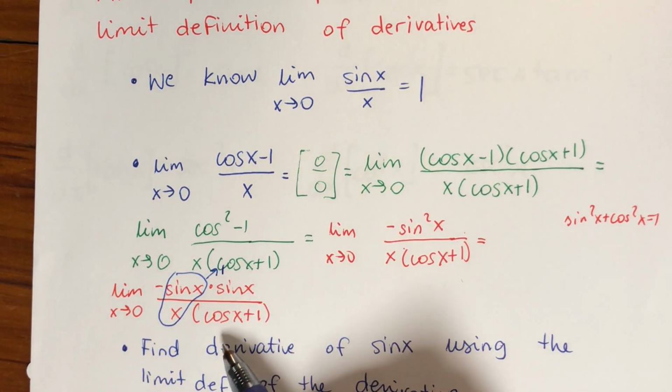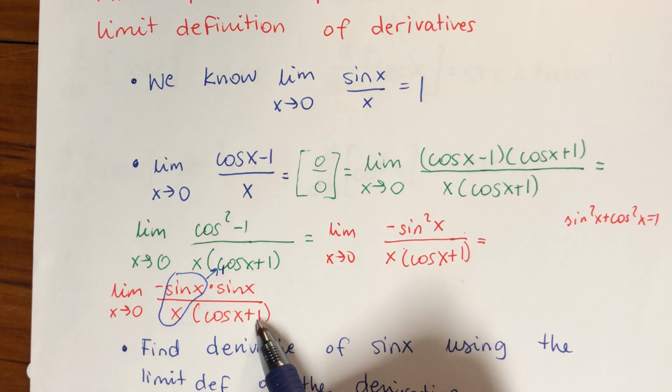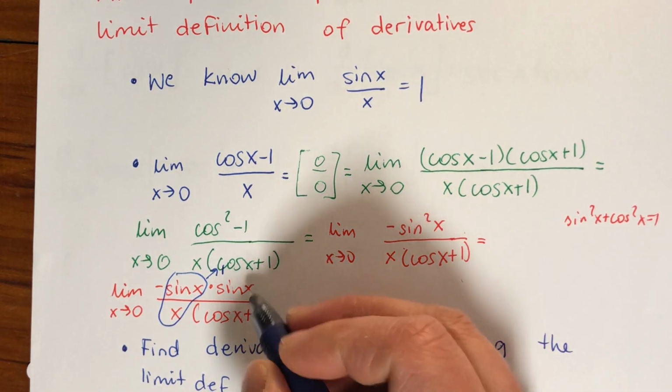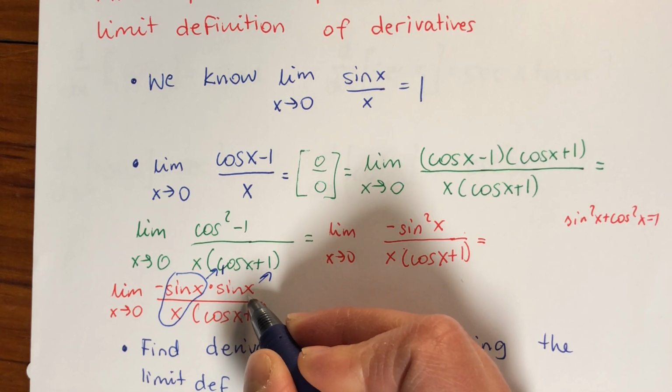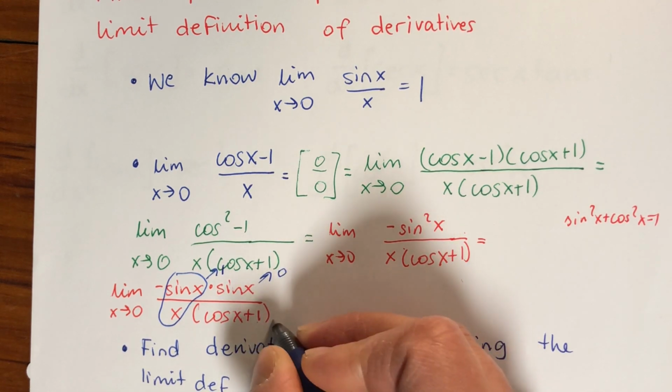And now if we plug in 0 here, cosine of 0 is 1, and then 1 plus 1 is 2. And this sine of 0 approaches 0, so this is 0.